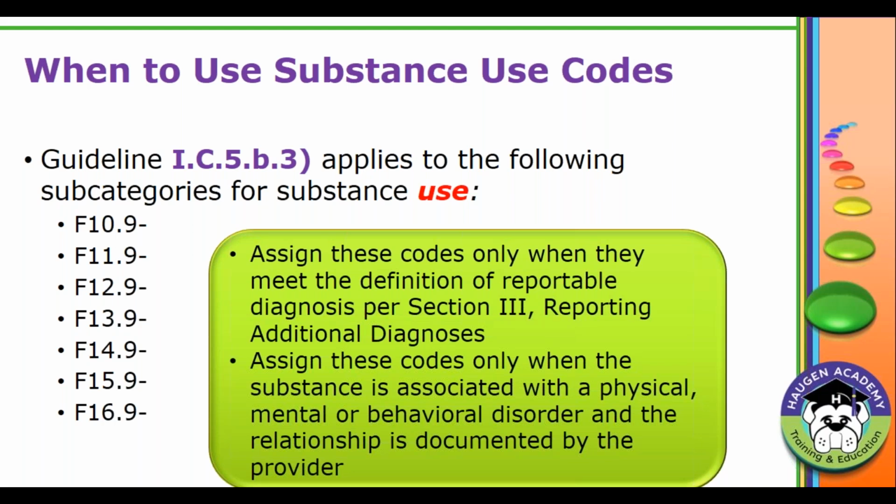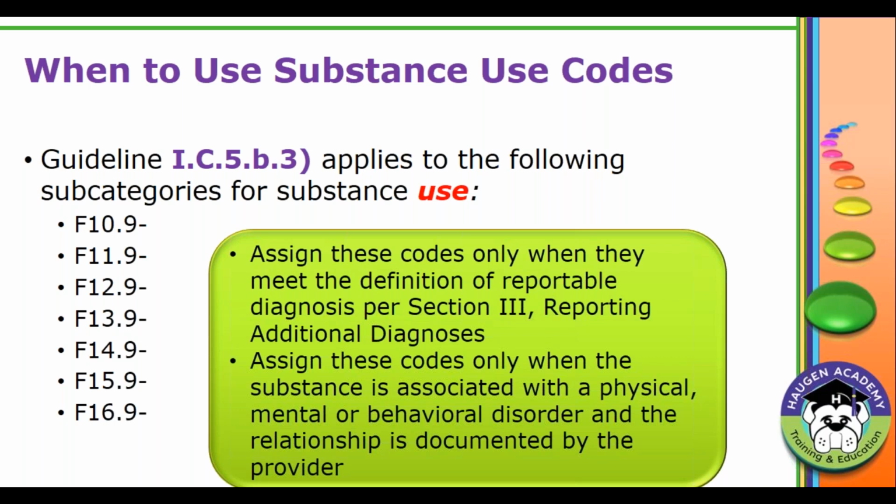I think there's been so much confusion surrounding this coding guideline, and people are saying, oh no, we can't code dependence. Can't code that the patient is opioid dependent unless the physician specifically links it to a mental or physical condition. Well, this guideline doesn't apply to dependence. It only applies to use. And the idea is that we don't want to just be coding casual substance use.